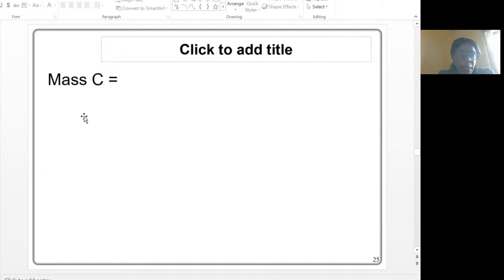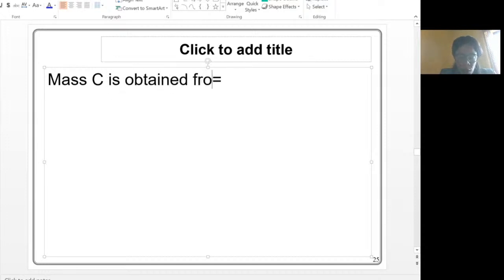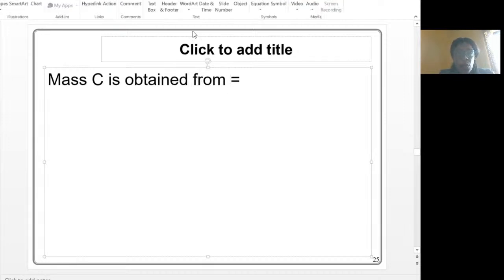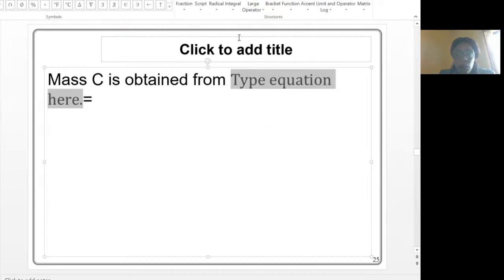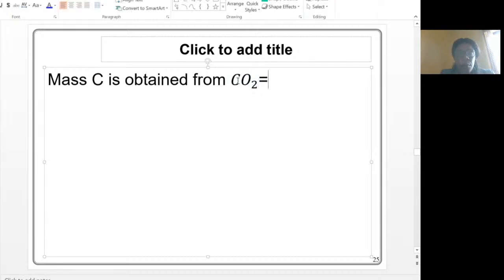This carbon is actually obtained from CO2.